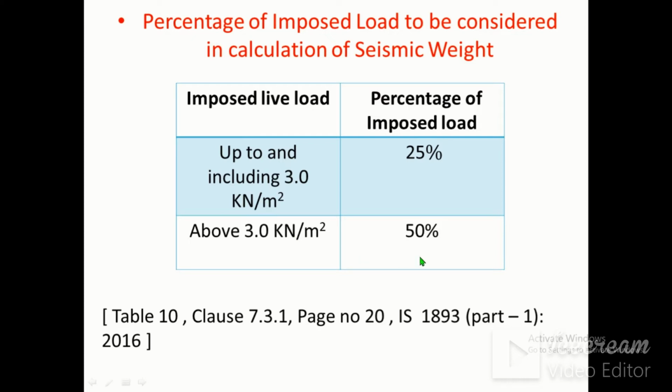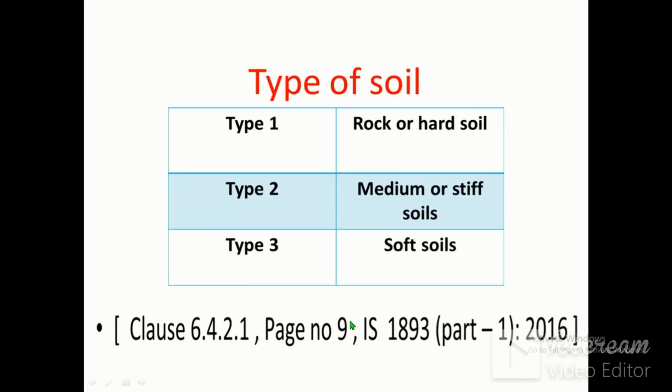For above 3 kilonewton per square meter, 50% of it is considered. There are different live loads for balcony, passage, bedroom and bathroom. I have mentioned this in an earlier video; the link is given in the description, so please watch that video before watching this one. It is in IS 1893 part 1 2016, table number 10, clause 7.3.1, page number 20.